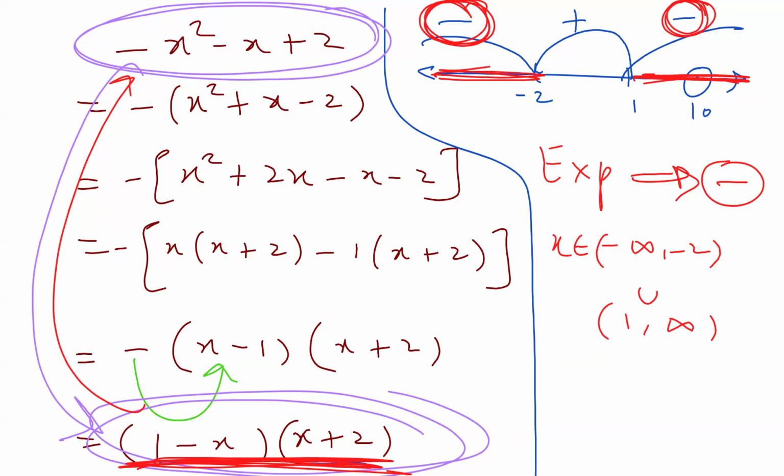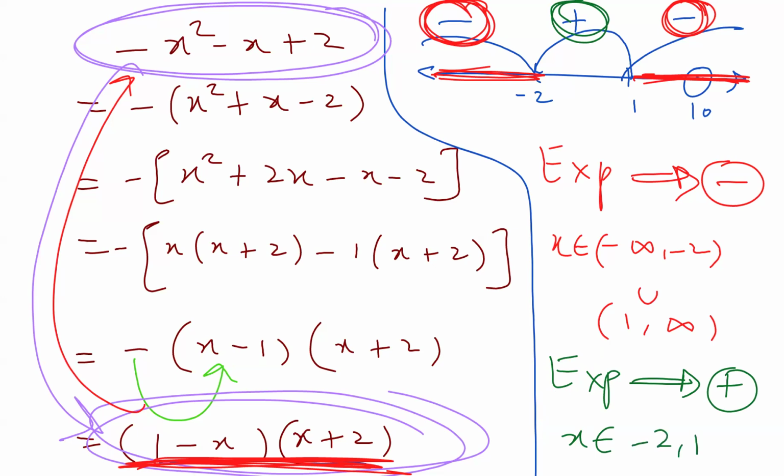Now this expression is positive when x belongs to minus 2 comma 1. Clear?